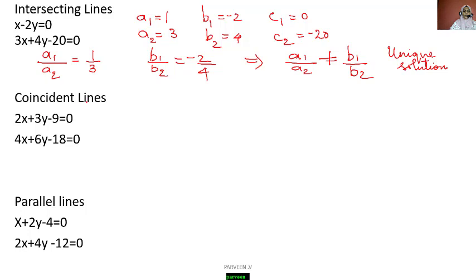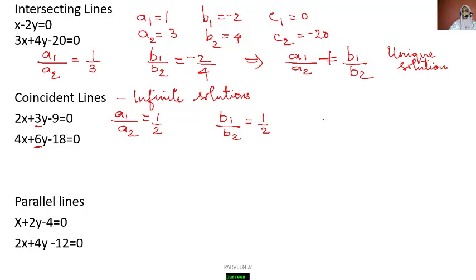Now the coincident lines which we got, that means the solutions are going to be infinite. Let's check the same ratios here. a1 by a2, 2 by 4, is 1 by 2. b1 by b2, b1 is 3, b2 is 6, 3 by 6, again 1 by 2. c1 by c2, minus 9 by minus 18, the minus cancels off, so it is 1 by 2.